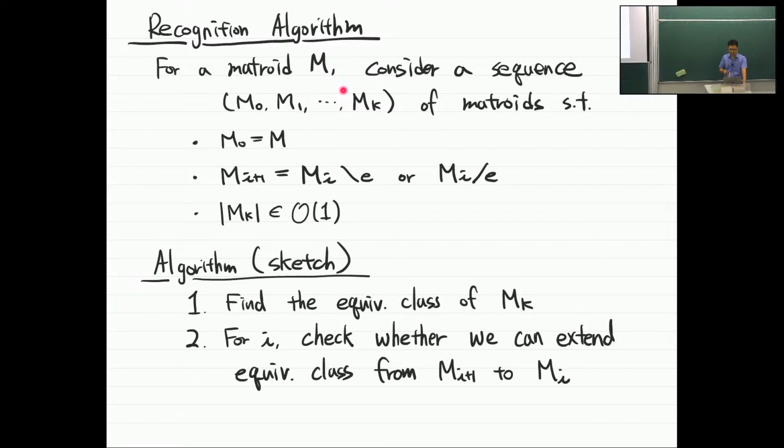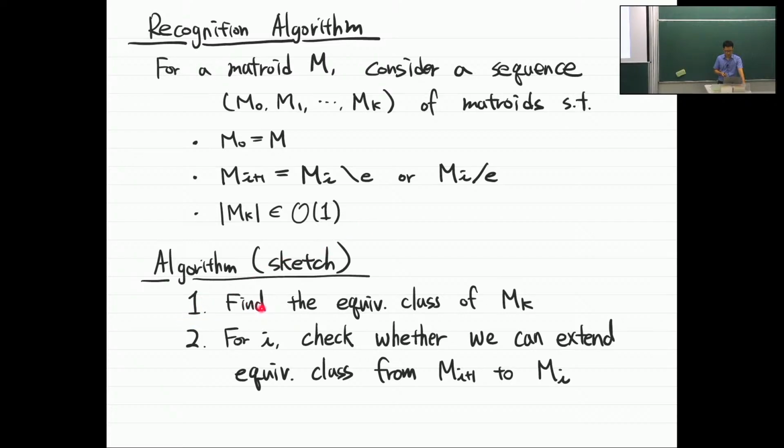First of all, we construct a sequence M0, M1 to Mk such that M0 is the given matroid, and for each i, Mi+1 is a one-element minor of Mi, and the size of Mk is bounded by a certain constant. And here is a sketch of the algorithm.